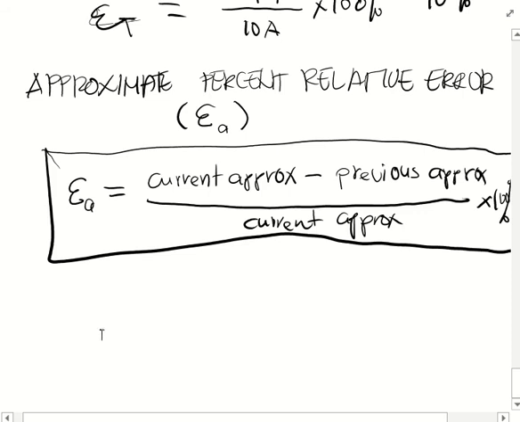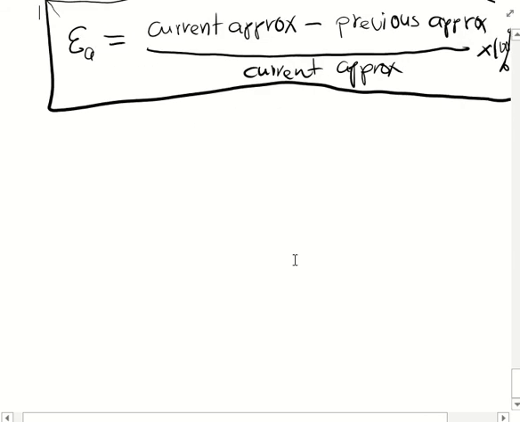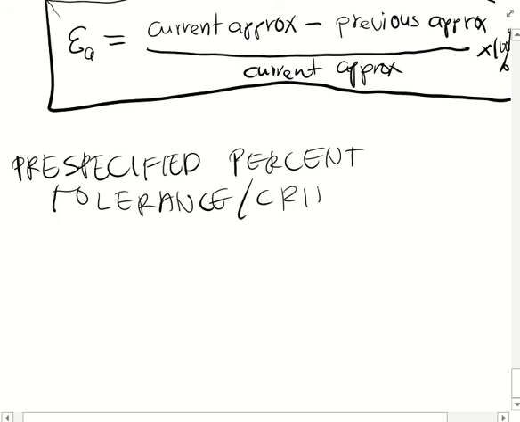Then what's the criterion? Because it's iterative, there's a loop. We repeat again until we stop. And the stopping criterion, or we call it the pre-specified percent tolerance or criterion, is our basis on when to stop our approximation.